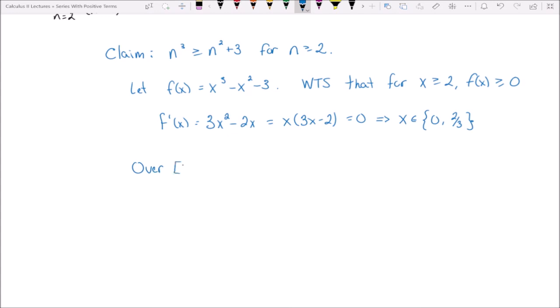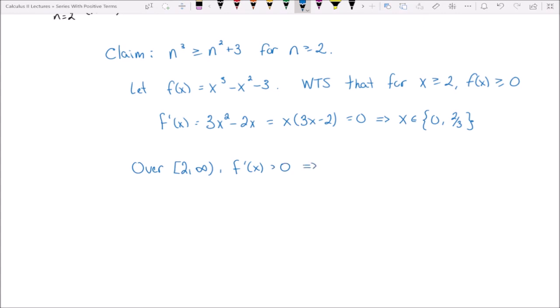So if we just take a look at the interval 2 to infinity, take a look at f prime. Let's pick a value 5, right? We'll get 3 times 15 minus 10. That is clearly going to be positive.